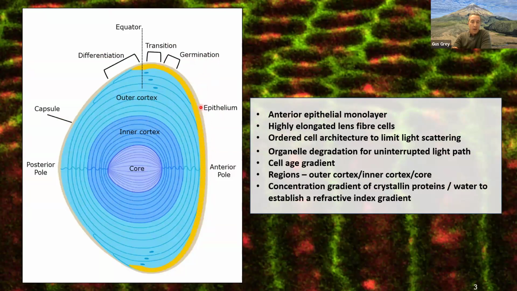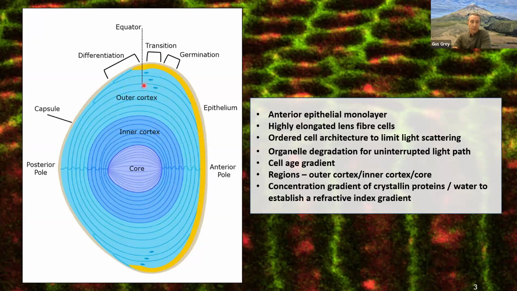And over our lifetime, cells in this particular region, the germinative region, divide, and they then migrate towards the lens equator, where they differentiate and elongate into these fiber cells, which are shown in blue. So we have this very highly ordered cellular architecture of the fiber cells out in the cortex. And as part of that differentiation process, the cells degrade all of their cellular organelles.